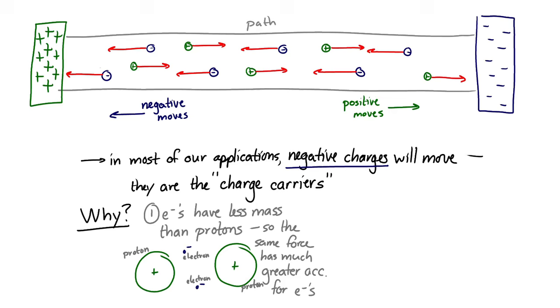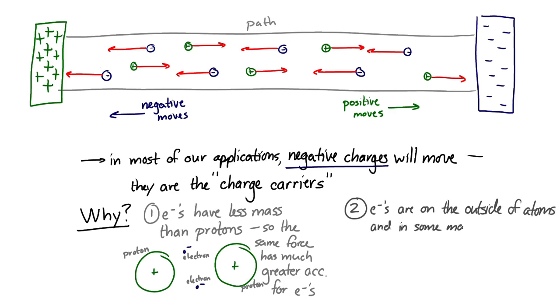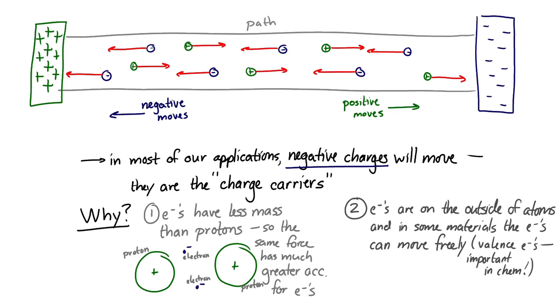Much greater, in fact, because the electrons have much less mass. The other reason is electrons are on the outside of atoms, and there are some materials where the electrons are relatively free to move around. They're called valence electrons, and if you study chemistry, you'll see those a lot. So electrons are going to be our charge carriers in almost all the situations we look at.